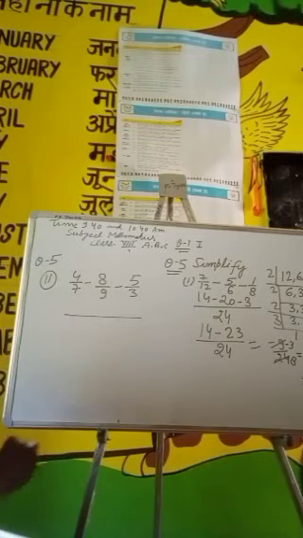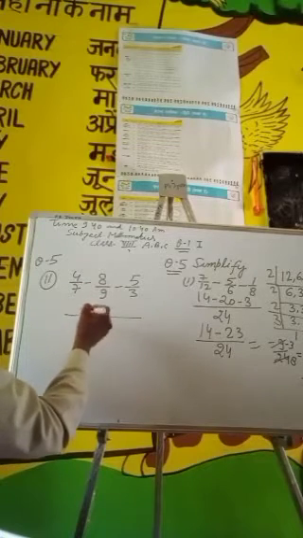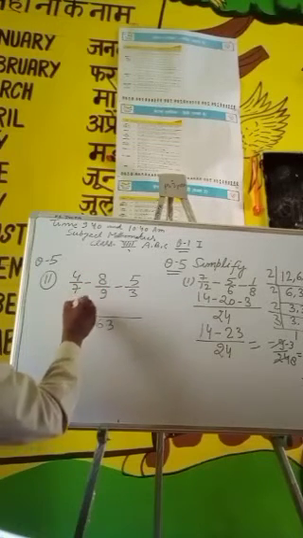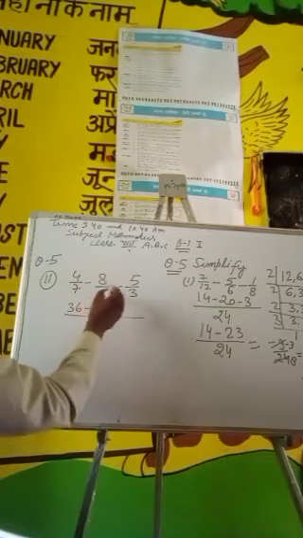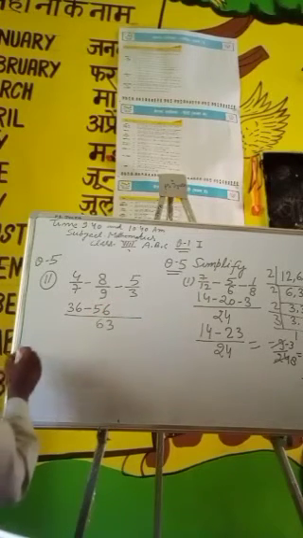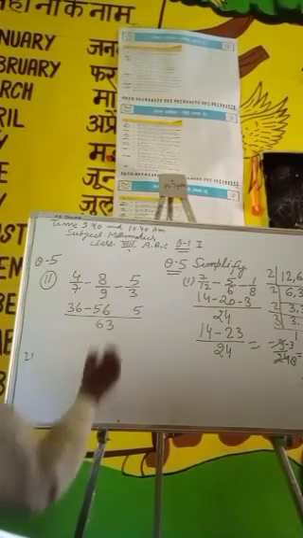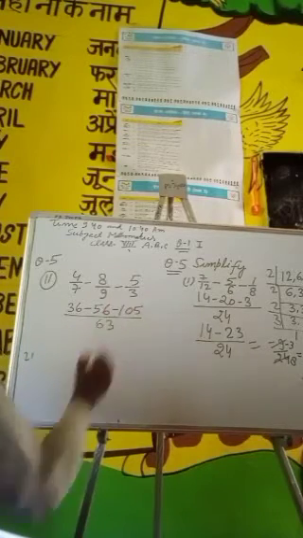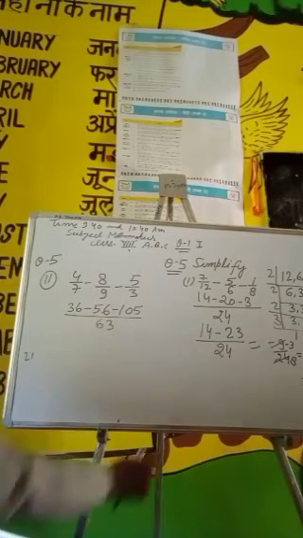LCM is 63. 7 9 is 63, 9 4 is 36. 9 7 is 63, 7 8 is 56. 21. 5 1 is 5, 5 2 is 10. 36 minus 56 minus 105.